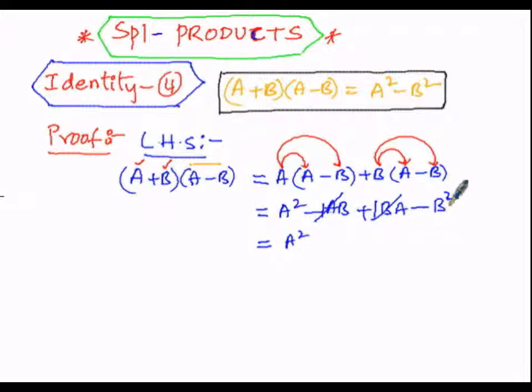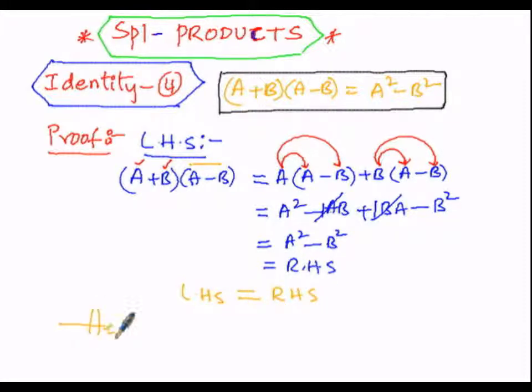So, here b square with negative, that is minus b square, is left over. We started with the LHS, that is (a plus b) into (a minus b), and then we reached the RHS, that is a square minus b square. So, that is equal to the RHS. Here LHS is equal to the RHS.